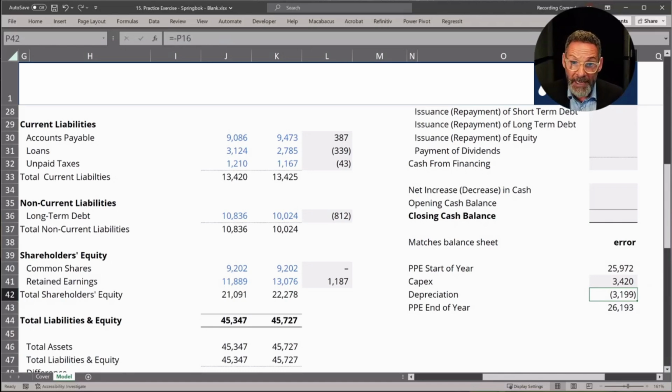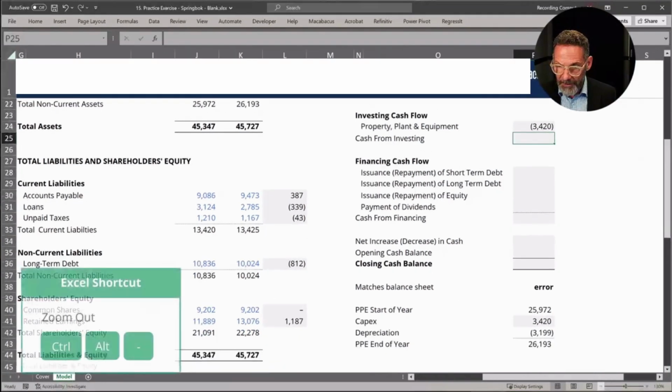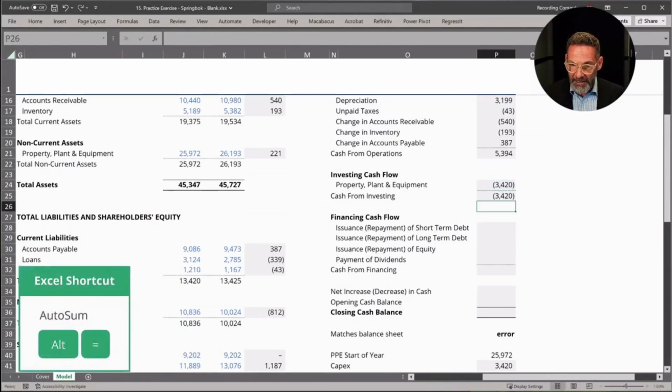Here we do have capital expenditure of 3420, but recall that's a cash outflow. So when we put it in the cash flow above, we're going to put a negative sign. And now I'll zoom out again just so we see a bit more. Great. And I know there's only one item, but I'll sum that up.